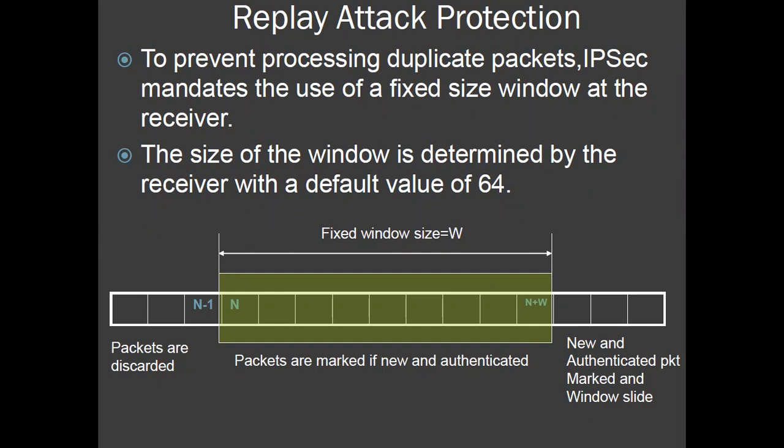These packets, when they arrive, will never be accepted because their time has expired. For example, if a packet arrives with sequence number N plus W plus 3, the window slides and the left edge will be at the beginning of N plus 3. This means that sequence number N plus 2 is now out of the window, so if a packet arrives with this sequence number, it will be discarded.